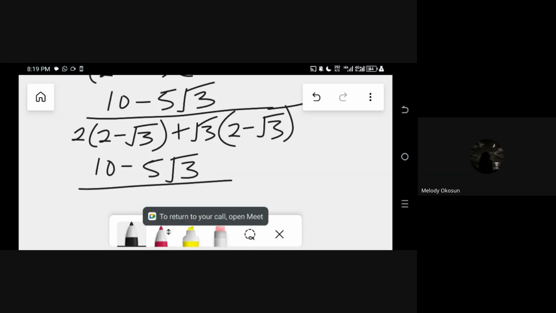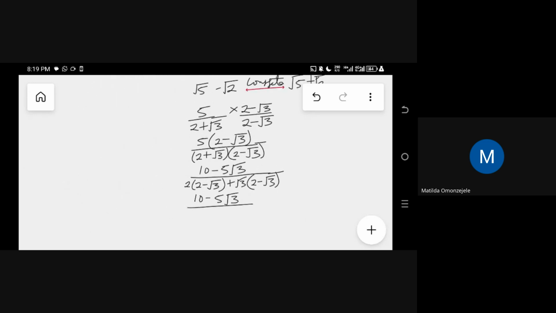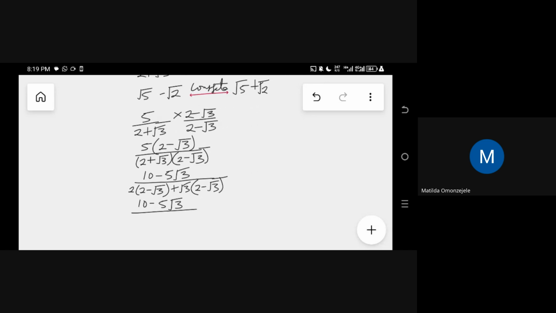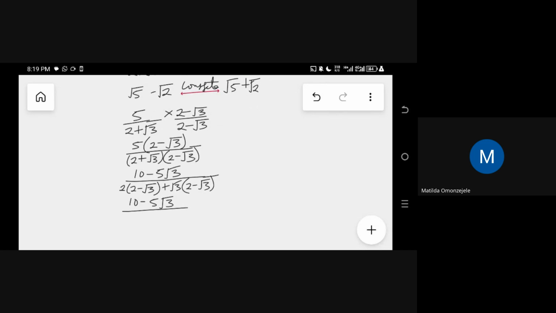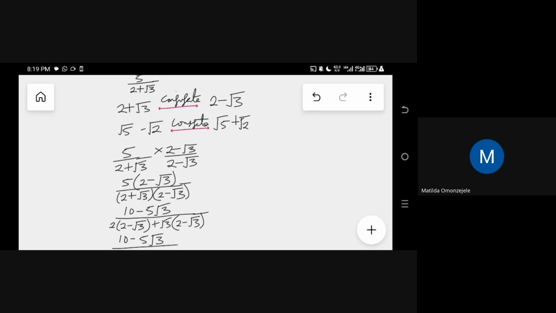Where did you, what was the last thing you understood? 5 over 2 plus root 3 equals 5 over 2 minus root 3. Okay, that's how to get the conjugate. Well, you know how to get the conjugate, right? Yes, sir, please leave it like this. I'm copying the notes, please.